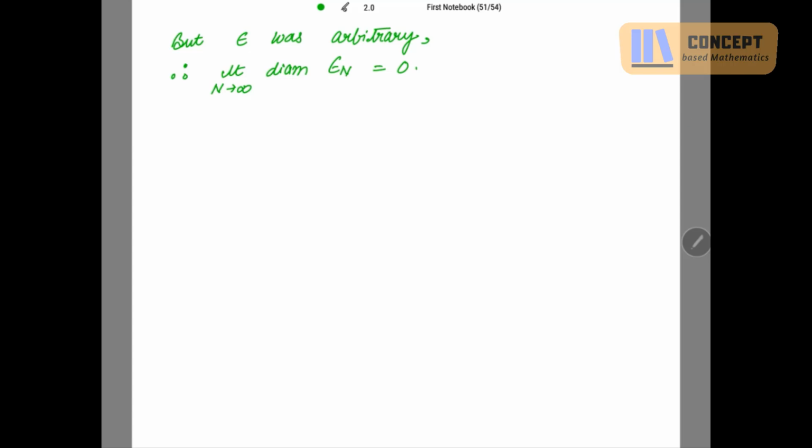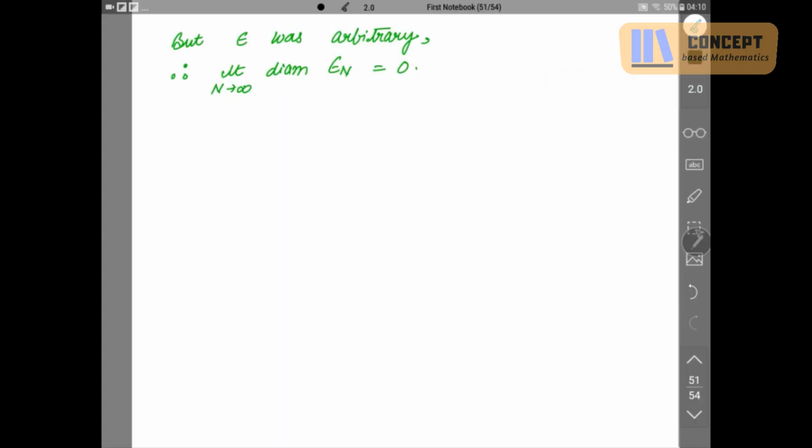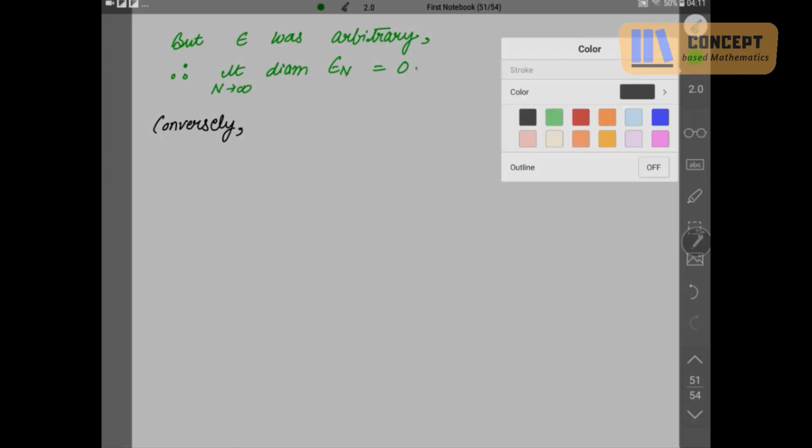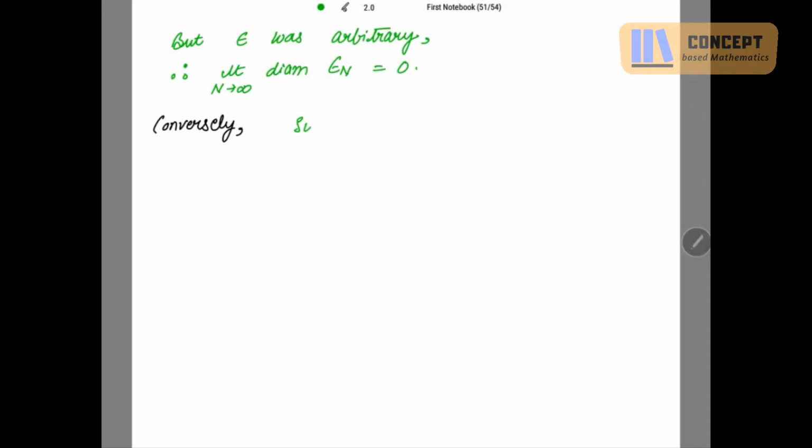Okay, now the other way, the converse. What is given? Suppose the diameter of En tending to 0 is given. Now we just have to reverse our steps. This diameter of En is 0. That means the diameter of En, the supremum distance of the terms of the sequence, is strictly less than epsilon.